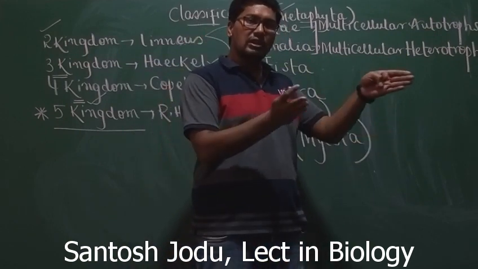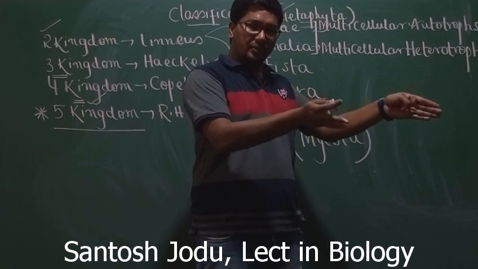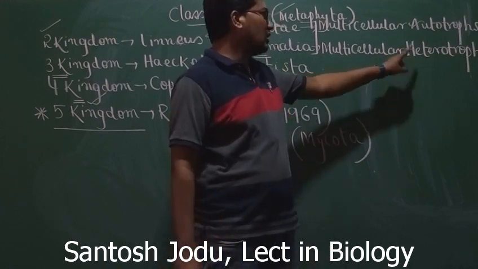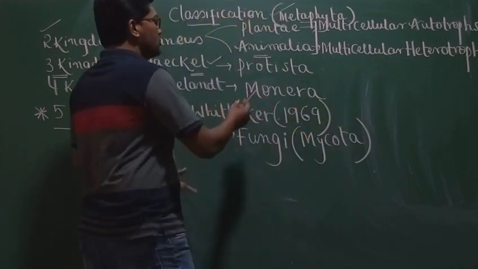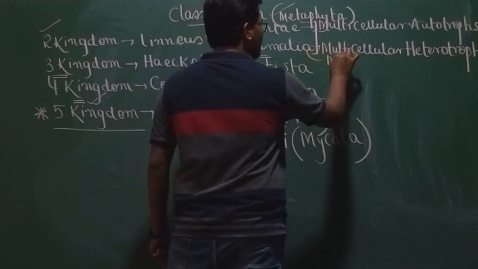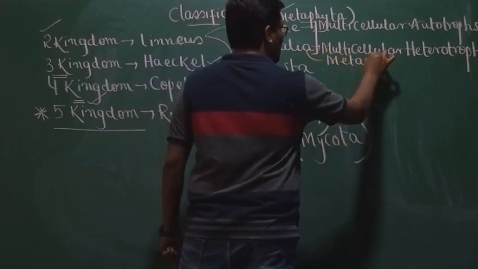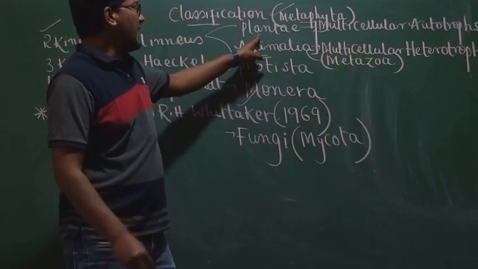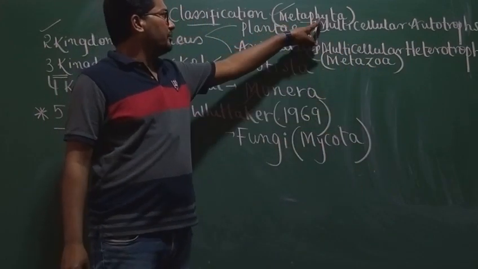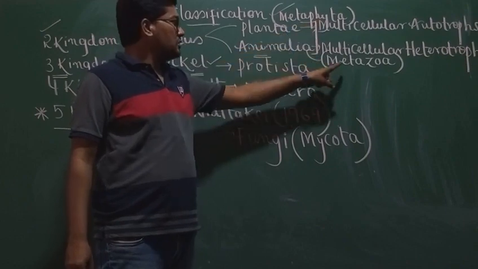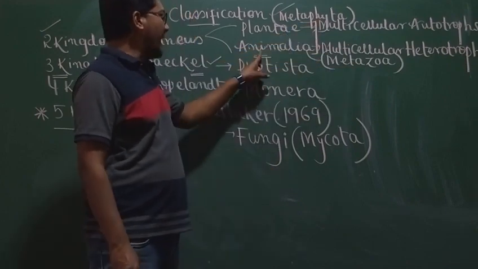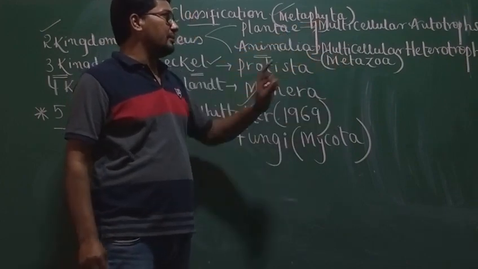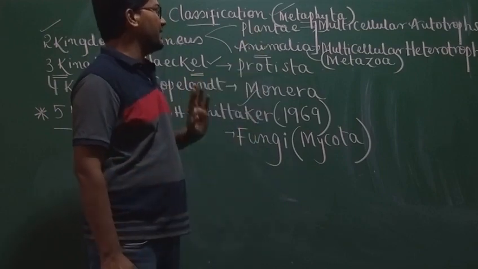They are dependent on other organisms for their nutritional requirements. That's why they are called heterotrophs. So Animalia is also called metazoa, just as Plantae is also called metaphyta, because phyton means plant and zoon means animal. So Animalia has another name, that is metazoa.